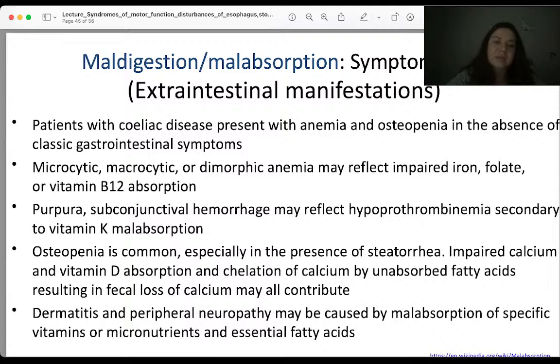Osteopenia is common, especially in the presence of steatorrhea. Impaired calcium and vitamin D absorption and chelation of calcium by unabsorbed fatty acids, resulting in fecal loss of calcium, may all contribute. Dermatitis and peripheral neuropathy may be caused by malabsorption of specific vitamins or micronutrients and essential fatty acids.